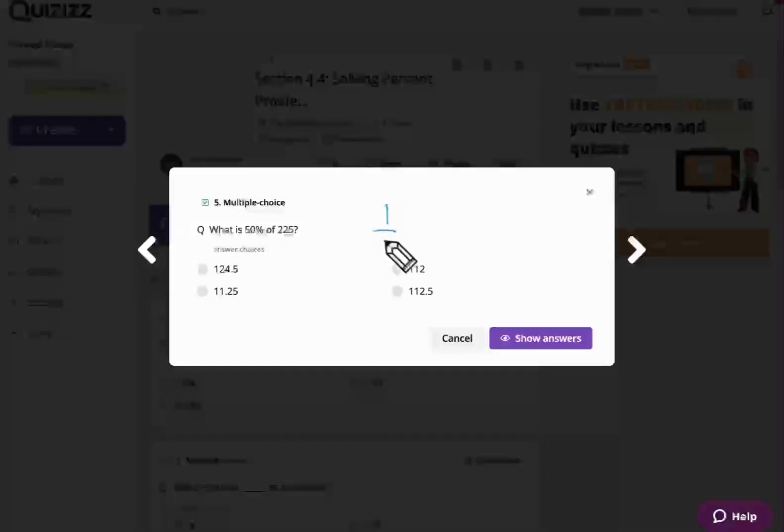So we know that 50% is half, and we need half of this amount. Let's divide by 2. 2 divided by 2 equals 1, 2 divided by 2 equals 1, and 5 divided by 2 equals 2 with remainder 1.